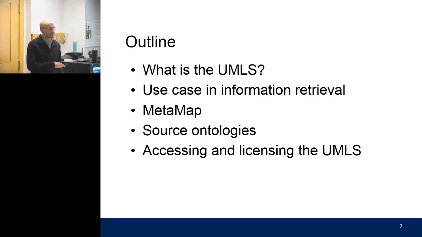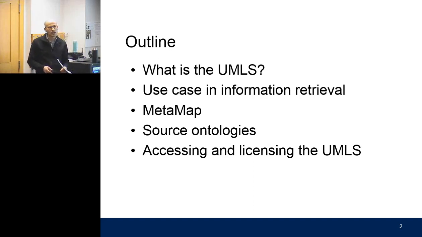And while we're still on this slide, I'll just take a moment to define, for today's talk at least, that we're going to be talking about ontologies as any sort of system that represents biomedical knowledge within a computer system. So basically, the Unified Medical Language System is a large database of existing biomedical ontologies that are brought together.